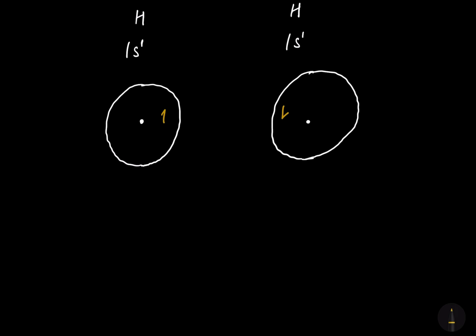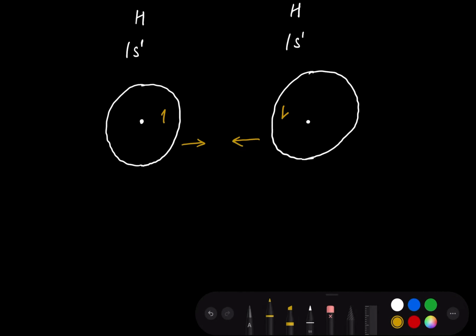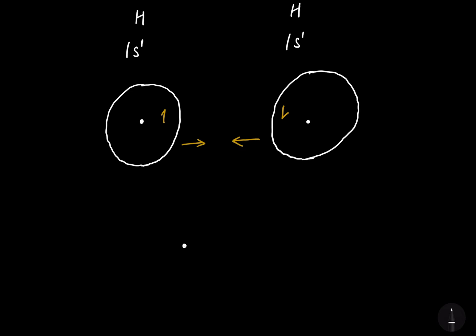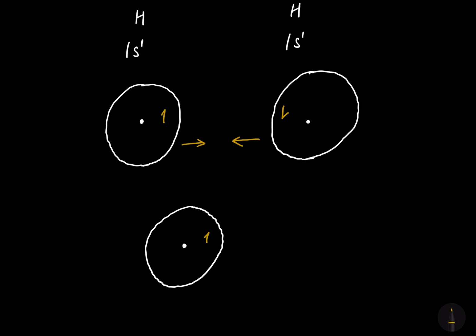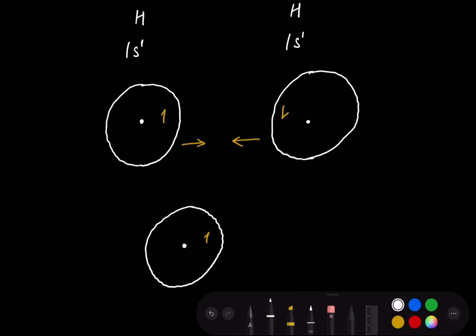So in the covalent bond formation and according to the orbital concept, what's going to happen? These two orbitals will approach to each other and there will be the overlapping of the atomic orbitals. I'm drawing that. So this is the nucleus of first hydrogen, and that's the 1s of the first hydrogen with the electron of plus 1/2 spin. Now there will be the overlapping of the atomic orbital.